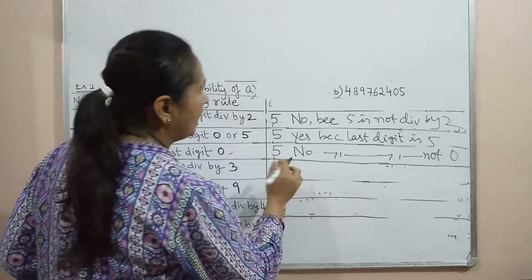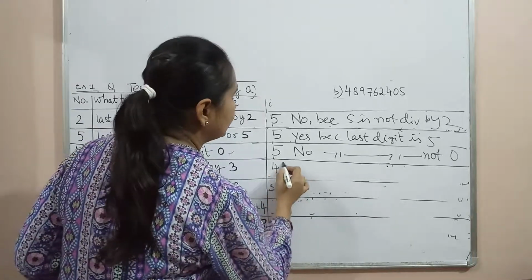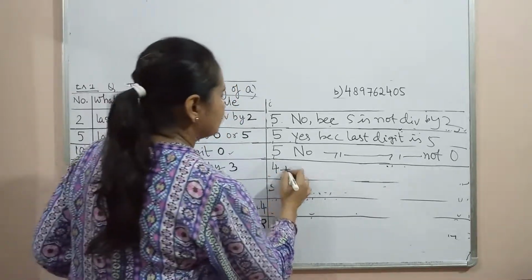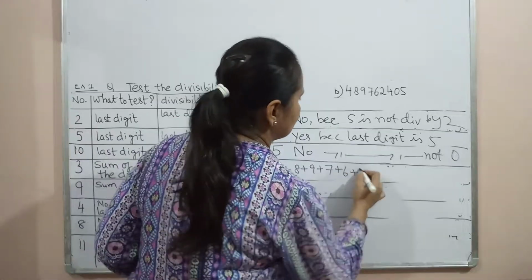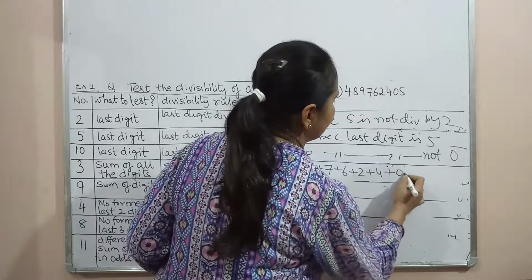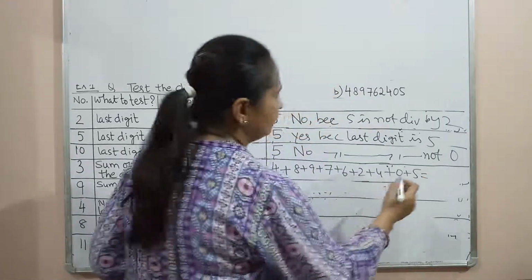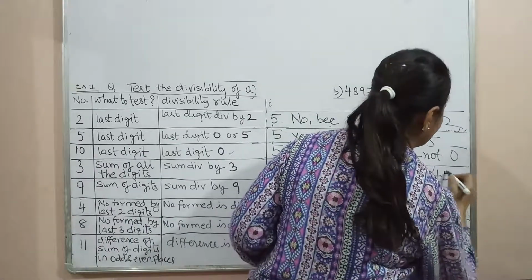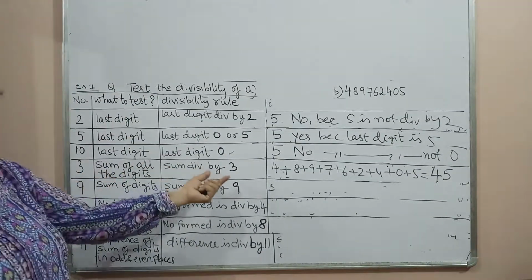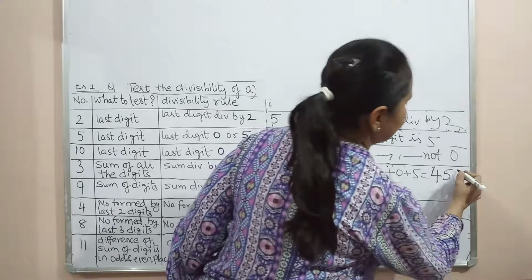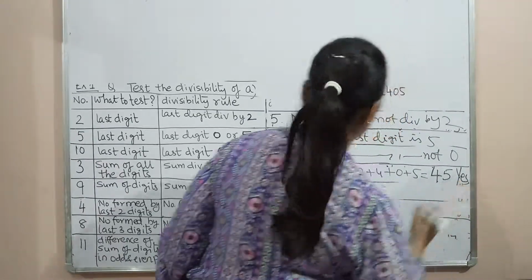Now if we find out the sum, you saw, I have repeated 4, the sum is 4 plus 8 plus 9 plus 7 plus 6 plus 2 plus 4 plus 0 plus 5 and the answer will be 45. Alright, now we have to check whether 45 is divisible by 3. Yes, it is divisible, so the answer is yes.